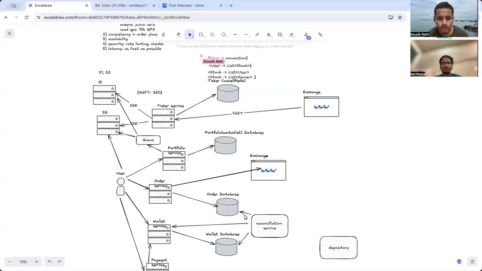Yeah, so let me draw it like this. The portfolio service will update Redis directly. So now, I think the queue requirement might actually become optional. Let's say that when the user has added something to the watch list or portfolio, we have already updated Redis, and the user now sees the current ticker value.